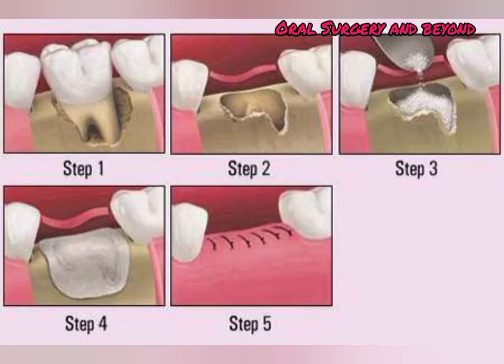One of the major indications of bone graft is for periodontal defects. Here a vertical and horizontal bone defect is healed after bone graft and the membrane is placed.